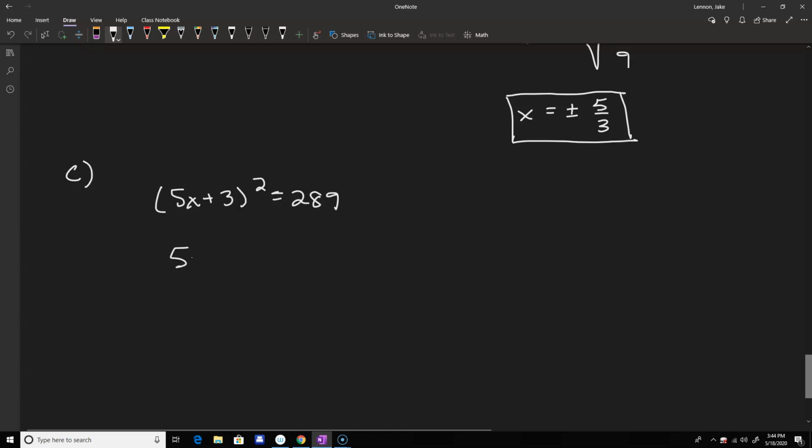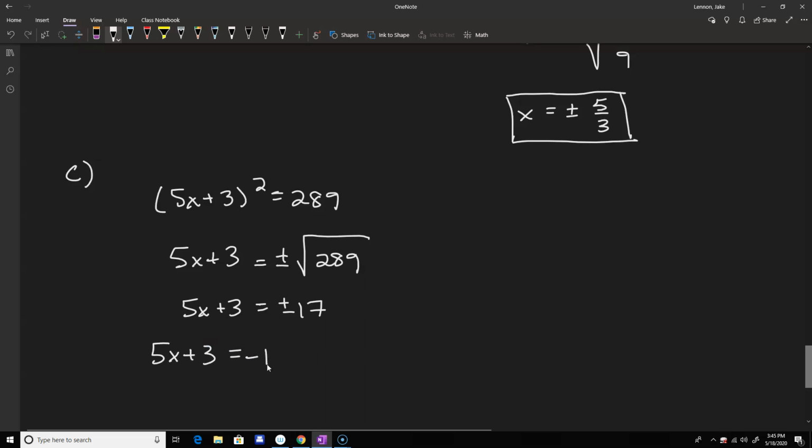So we can say 5x plus 3 will have to be plus or minus the square root of 289. So 5x plus 3 is equal to plus or minus 17. And then you just want to separate this into two equations. So 5x plus 3 is equal to minus 17, or 5x plus 3 is equal to 17.